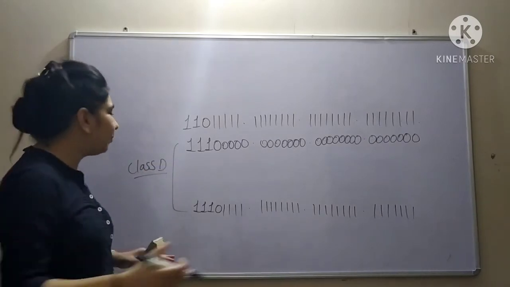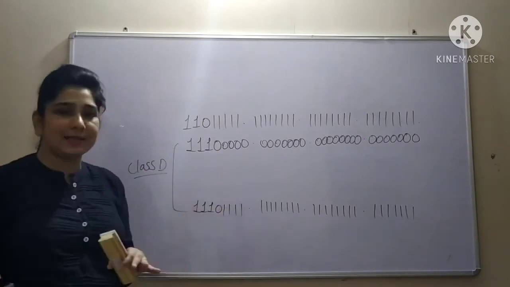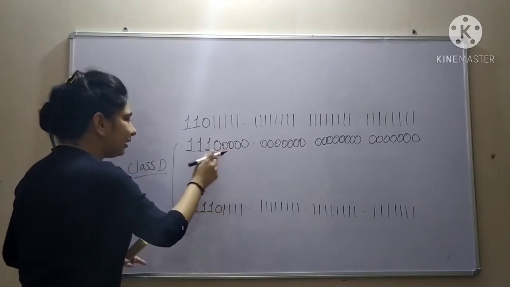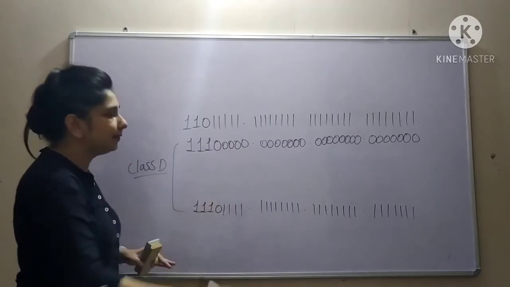So the total IP addresses of class D start from here and end at this IP address.